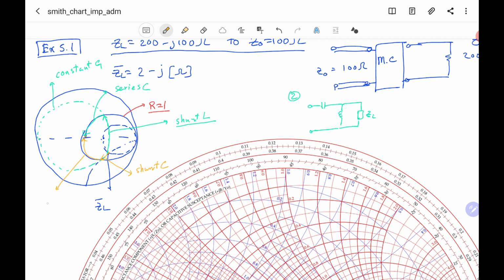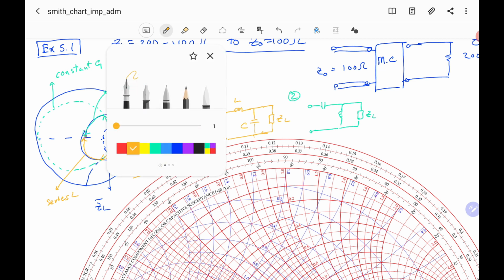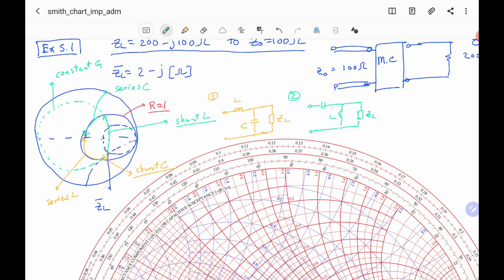This is a series L. Let's say this is topology 1: from this ZL, we connect shunt C first, and then series L. So we have two options.